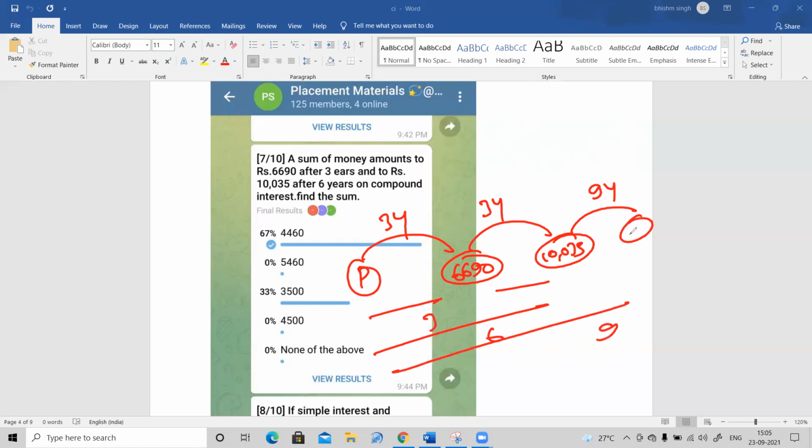After 9 years, how much amount is there? So simply what you will do, 10,035 multiply 3/2. This you will do, you will get after 9 years amount, because 3/2 is a fraction. Like a periodic year is there now, same fraction you multiply, you will get the answer of this one.